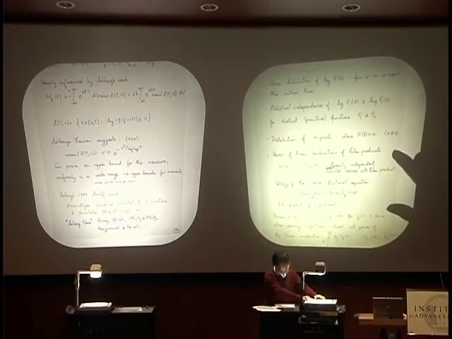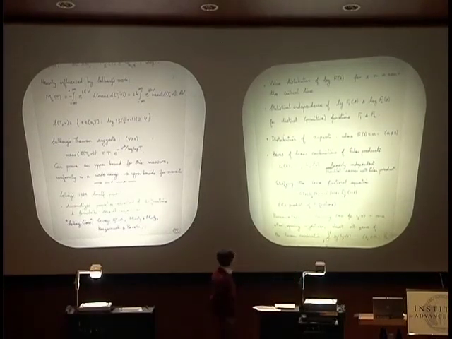In the Amalfi paper, Selberg also studies the value distribution of log f of s, as in log zeta of half plus it, for values of s on the critical line or very close to the critical line. And he shows that if you take two different L functions, f1 and f2, then the distributions of the logarithms are statistically independent for different L functions.